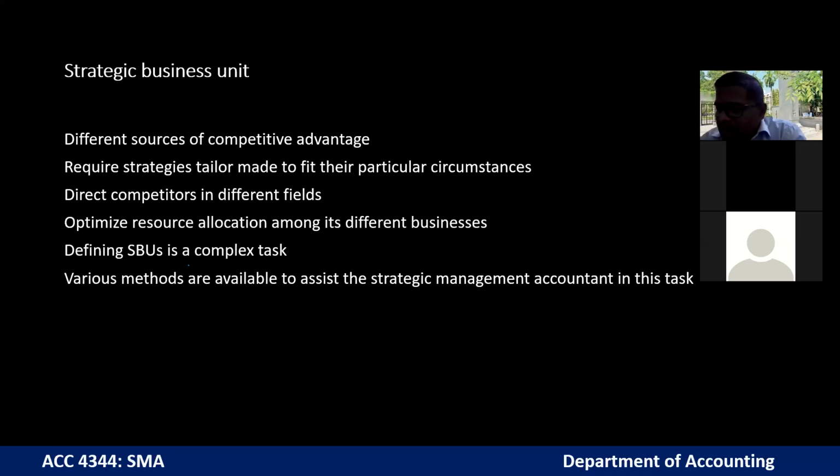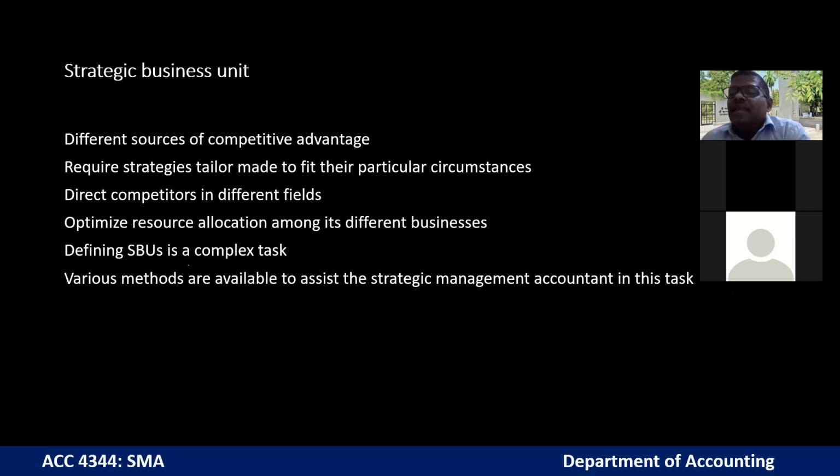For example, I can give one example. Canon produces the photocopier, for example, or the camera. When they define their business, they produce the machines, but they didn't define their SBU as photocopy manufacturers.